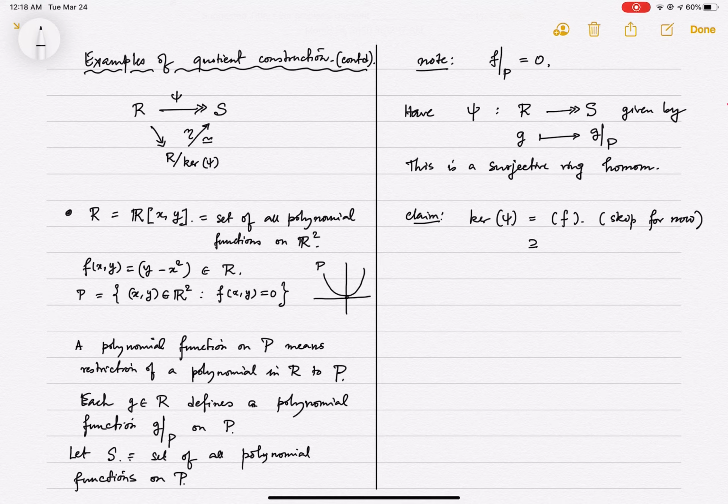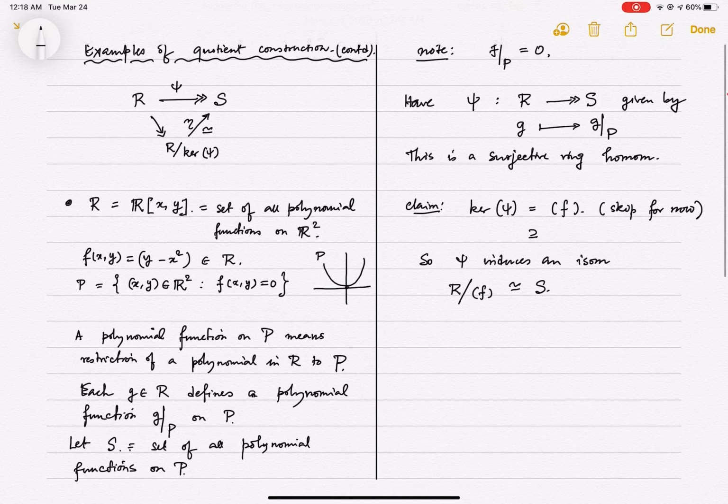Once you know this, you know that psi induces an isomorphism from R mod (f) to S. This is by the first isomorphism theorem.